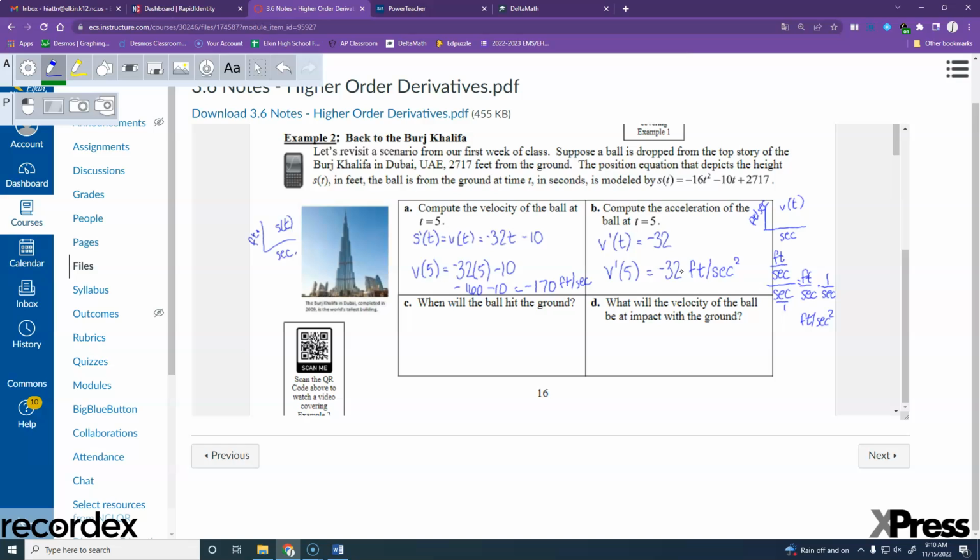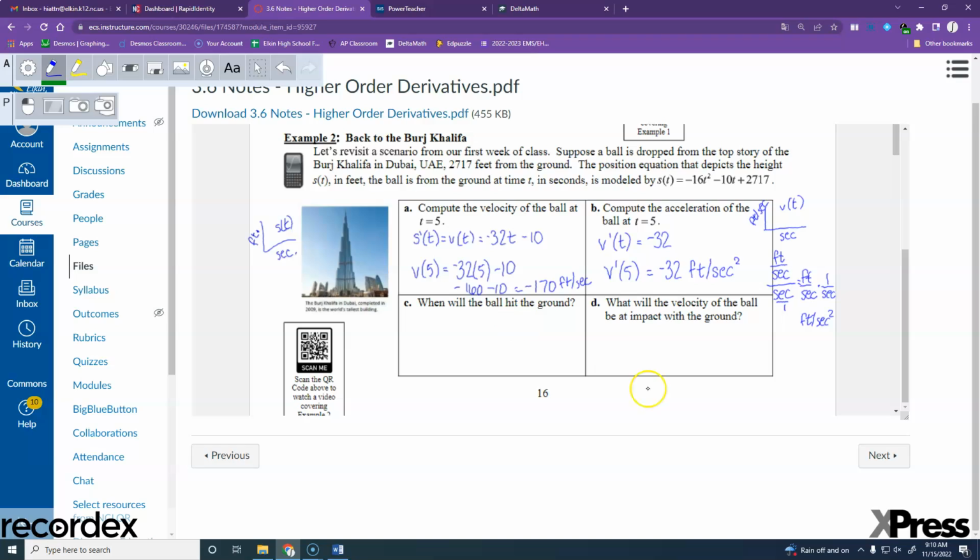So your acceleration due to gravity is negative 32 feet per second squared. It wouldn't matter if we were throwing something off of the top of this building, or off of the little ledge right here, it would fall at a rate of 32 feet per second squared, ignoring air resistance, because air resistance complicates it way too much.